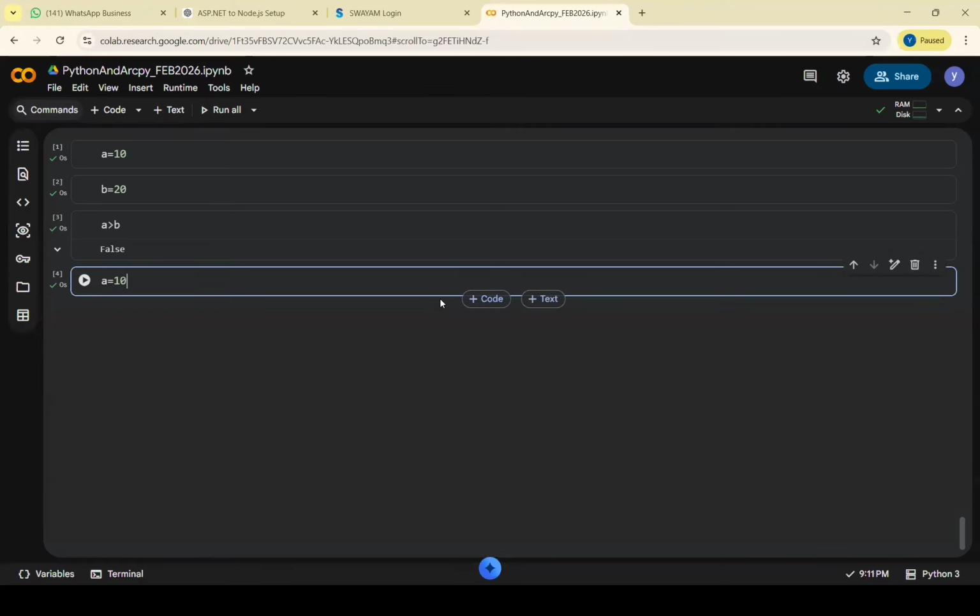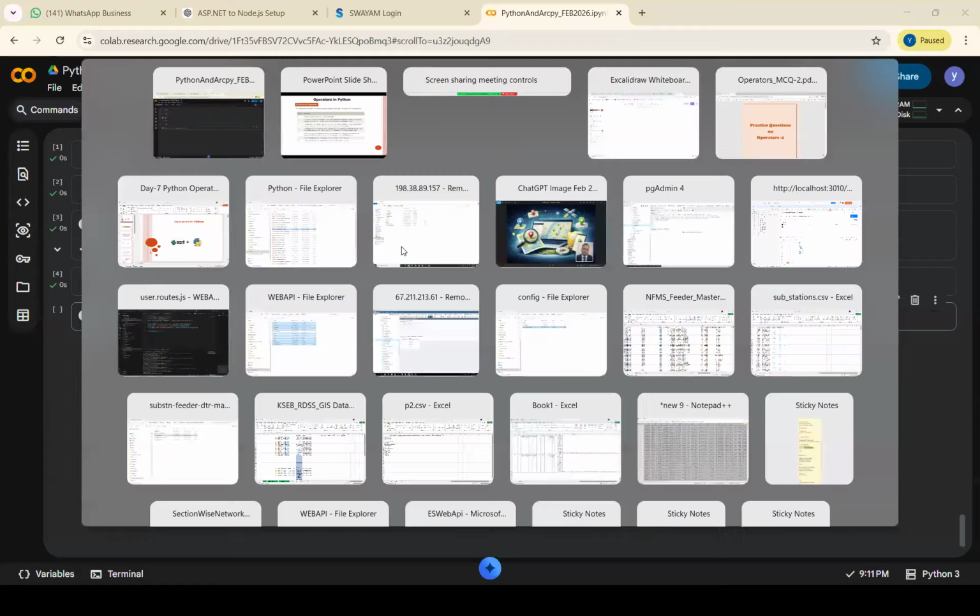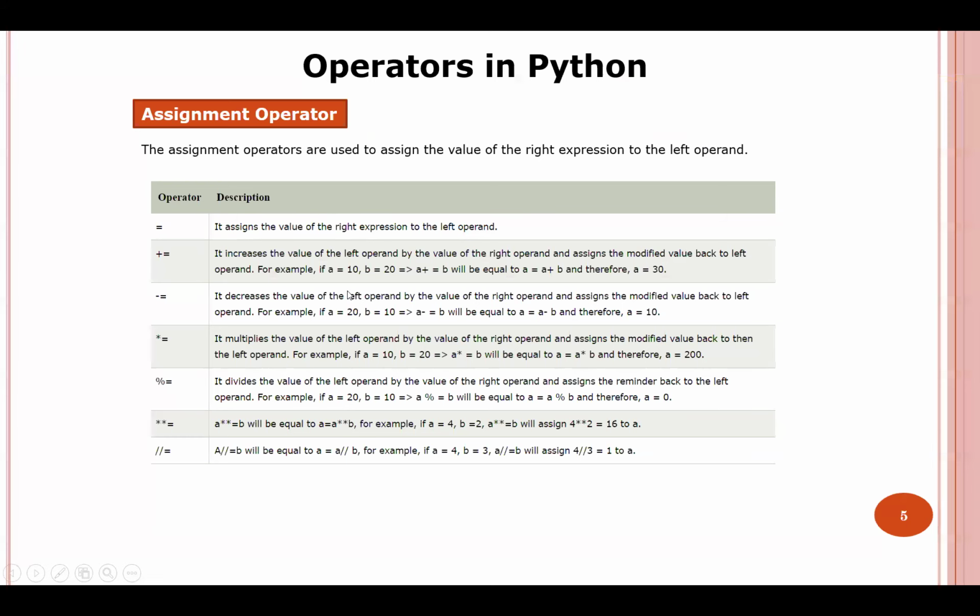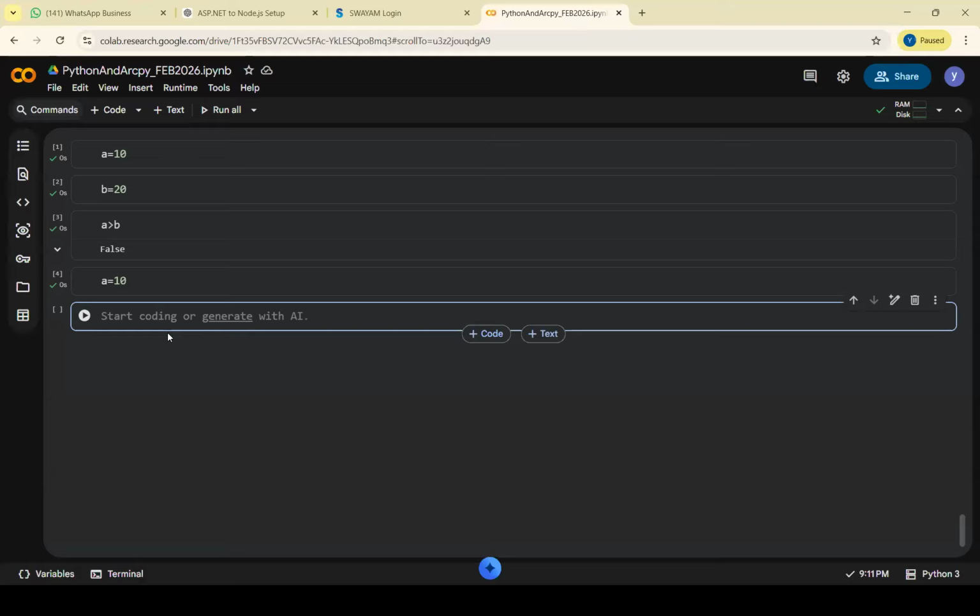Now after that, we also have many different types of assignment operators. These are all very simple, like plus is equal to. What is the meaning of plus is equal to? Let's suppose I write a plus is equal to 5 and run this.